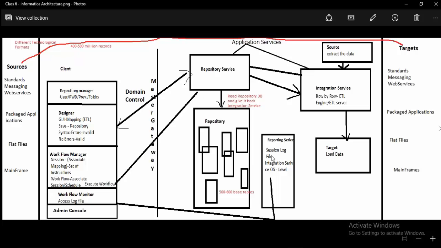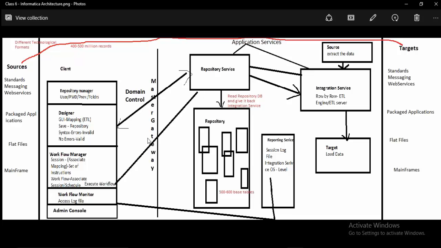So this reporting service helps Informatica to pull the required data from your session log file and arrange it in a structured manner so that you can easily understand the transactions and the error messages. You can easily understand how many records are passed to load, how many records failed to load, what is the reason behind it, and whatever it may be, everything.